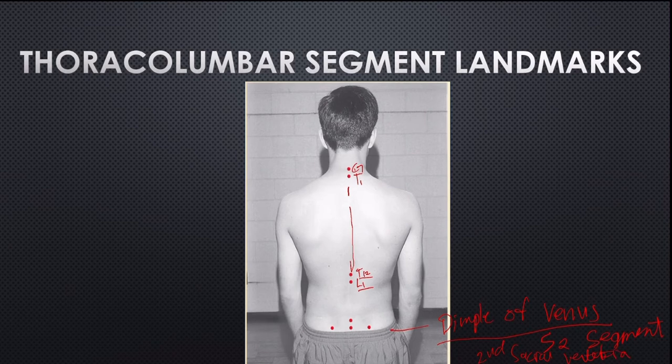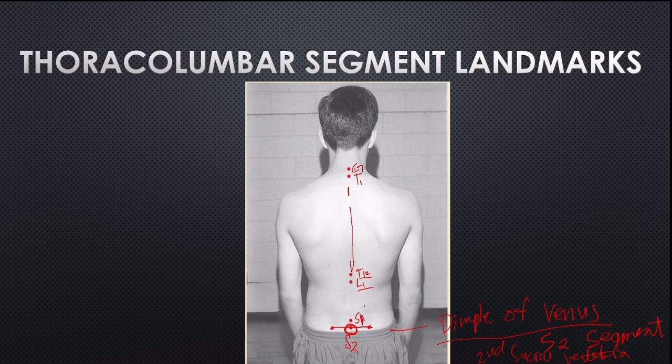So if this is your dimple of Venus, in line with the two, this is the S2, second sacral vertebra. Above that one is your S1. Obviously, what's before 2 is 1, right? So simply above that one is S1.